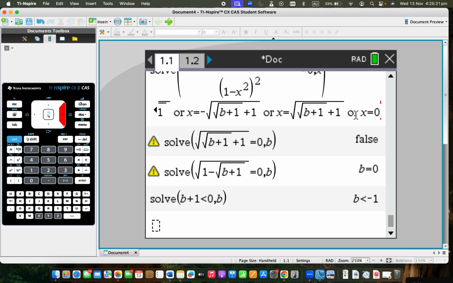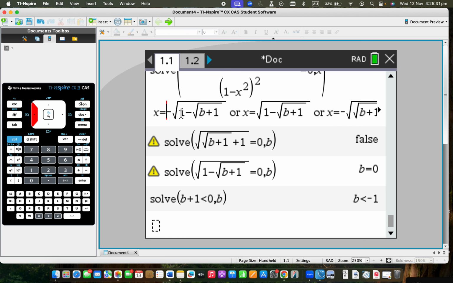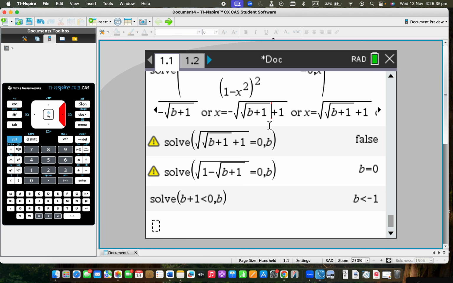We'll have these two are 0, right? So that would be the 1 minus ones. So that one will be 0, that one will be 0. But then we'll have a negative square root 2 and a positive square root 2. So that would be 3. Right?